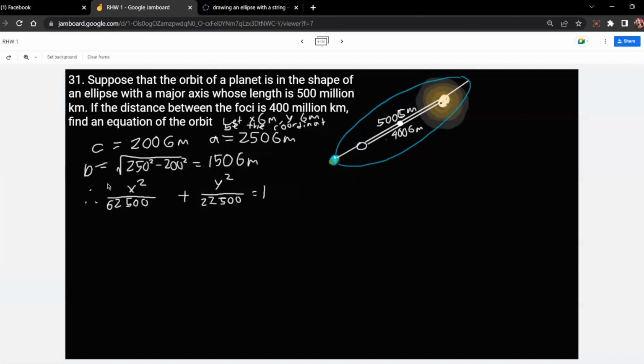Okay, so pag sinubstitute mo ngayon yan, ang X walang units kasi if you write it down that way, the combination X gigameters is the coordinate of a point on the orbit.